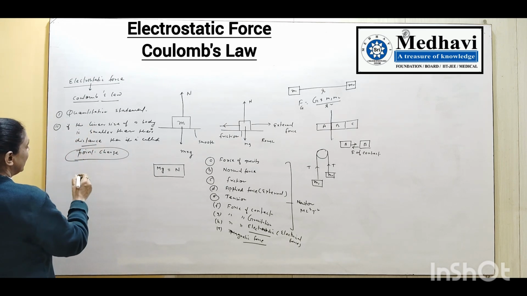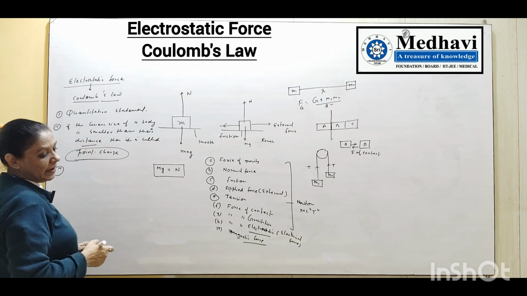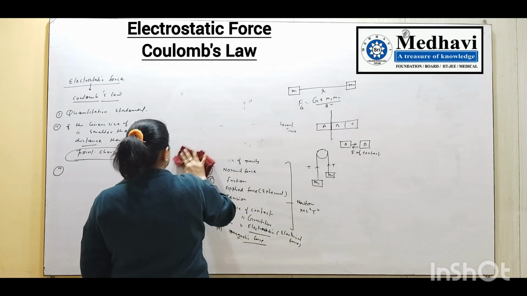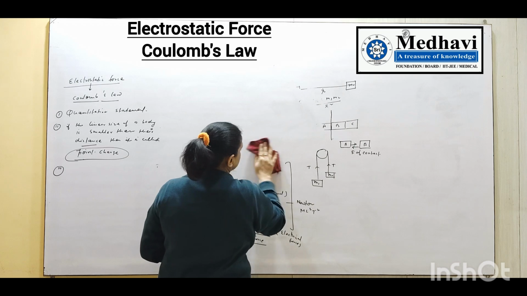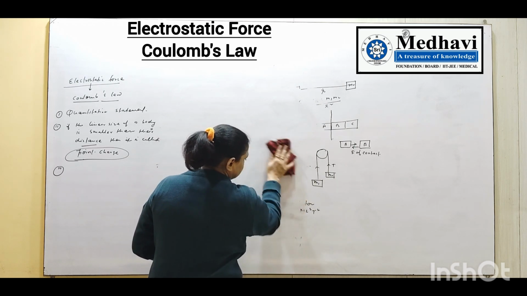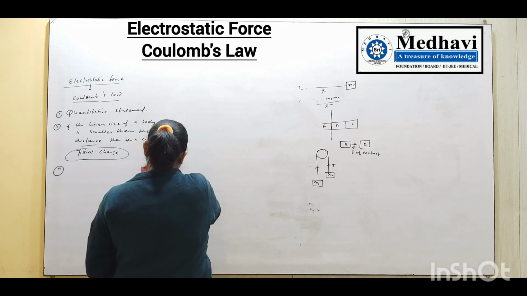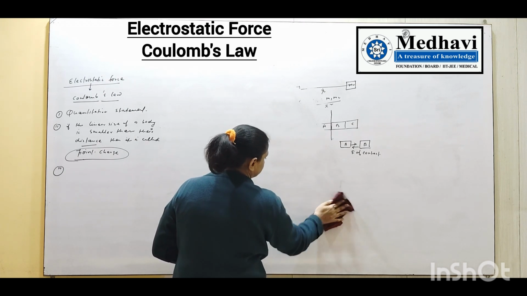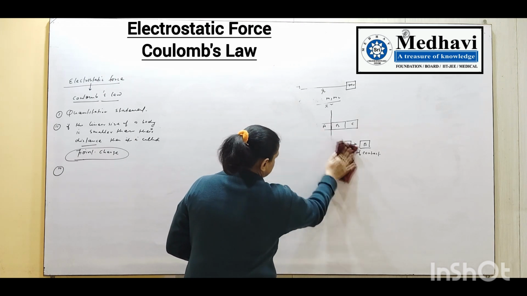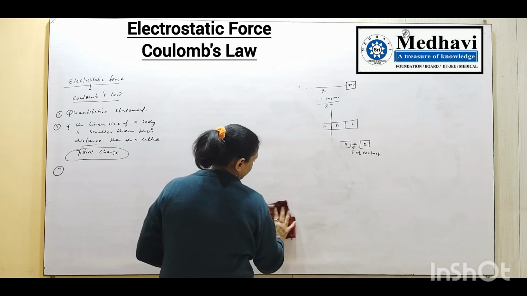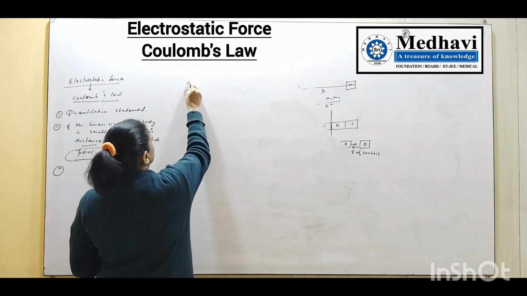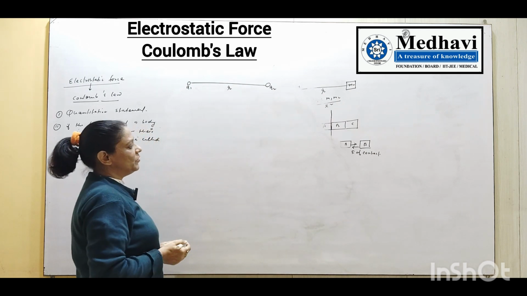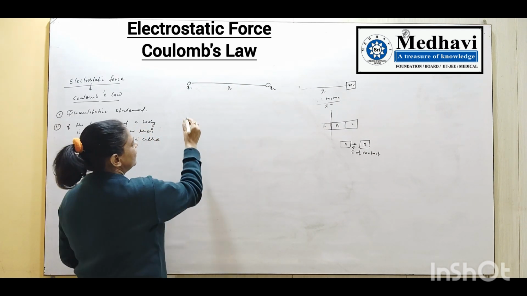So Coulomb explained that if we take two charged bodies, suppose Q1 and Q2, these are point charges, and R is the distance between the two charged bodies, then a force will develop.